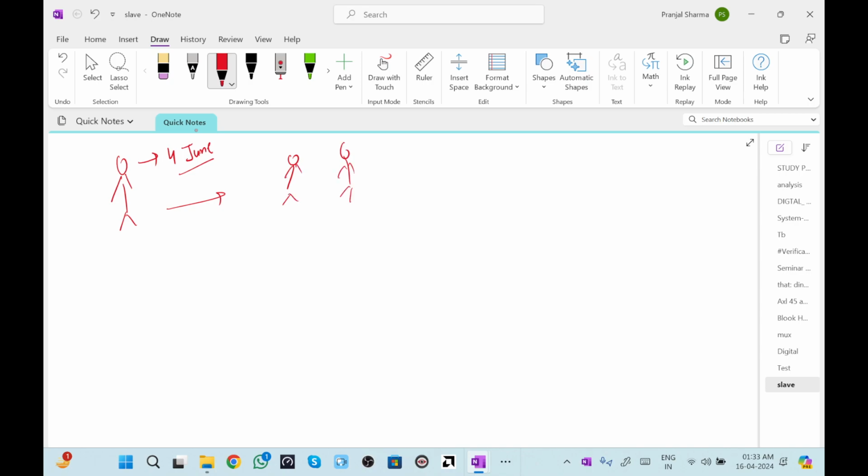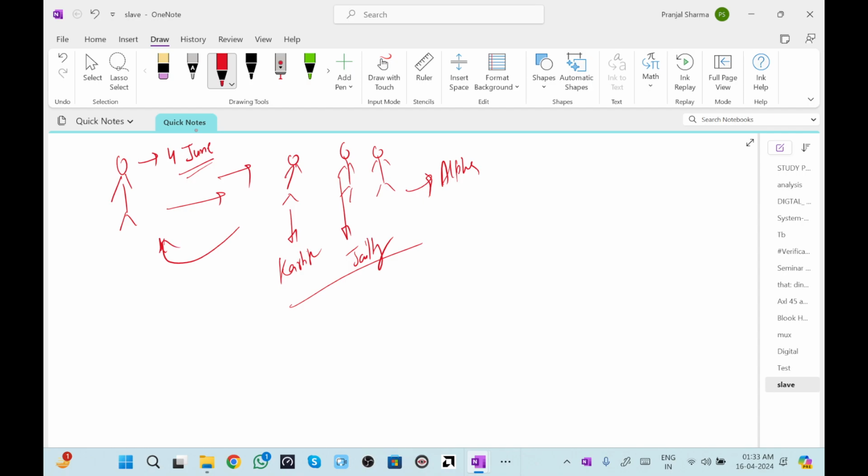He has three friends: one can be Karthik, another Jetli, and another, anyone we can take, Alpha. This boy has invited his three friends to come to his home so we can have the celebration.